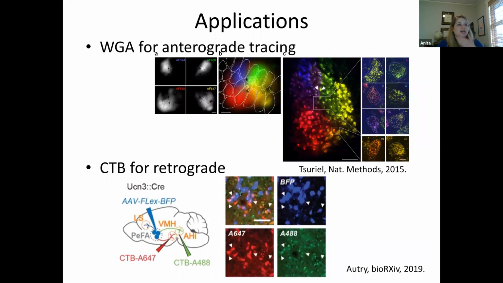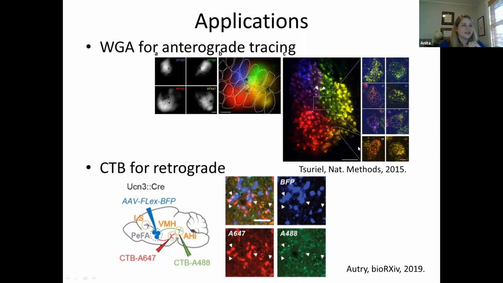So what are some of the applications for tracing? In this case, this is WGA conjugated fluorophores that have been used for anterograde tracing. Here you can see the barrel cortex, and they've gone in and put the different WGAs in neighboring barrels, and then you can see in the thalamus where they project that there's this topography that matches the barrel.